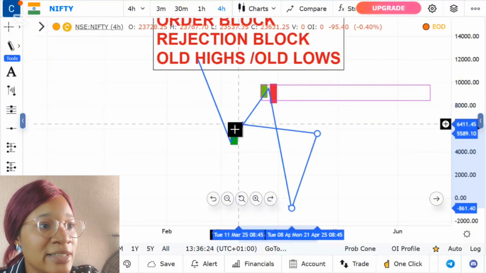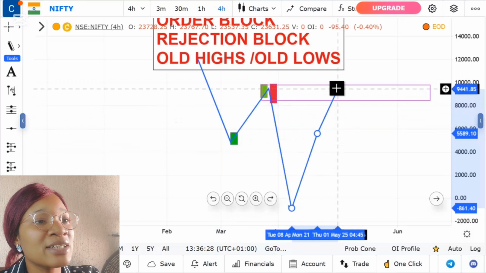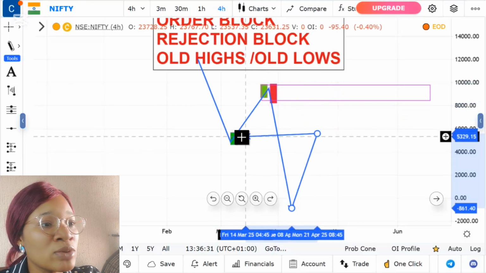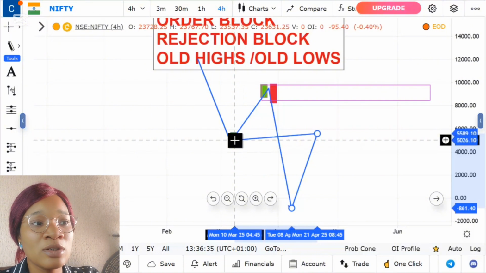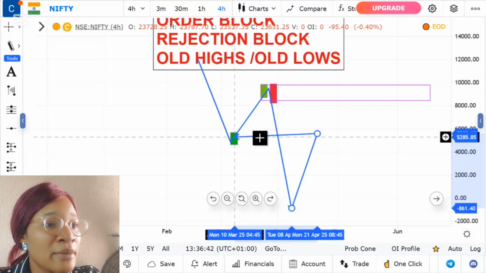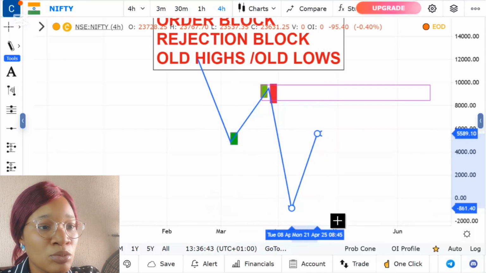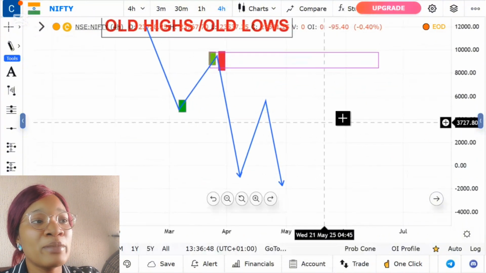So instead of us waiting for price to get to this order block, sometimes price will only come over to this last swing low. If there's a bullish candle right there, it will just go there, pick it up from there, and then boom, gives us a sell movement right there.